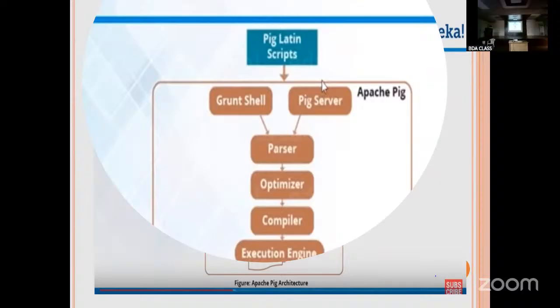Then you have a grunt shell, shells. Where do we use shells? In which operating system do we use shells? Where do we use shell scripts? In which operating system do we use shell scripts?